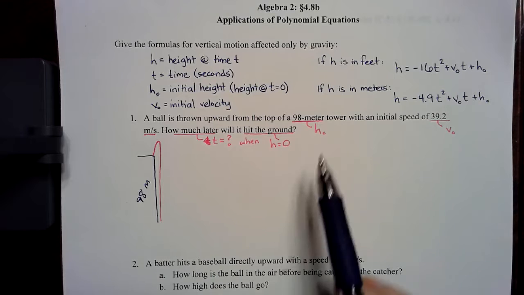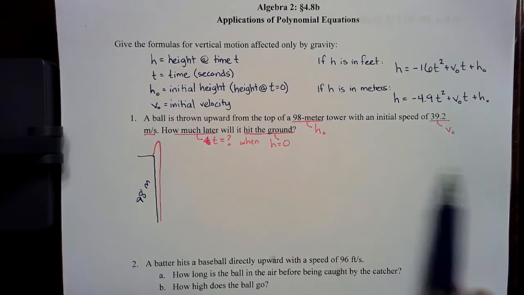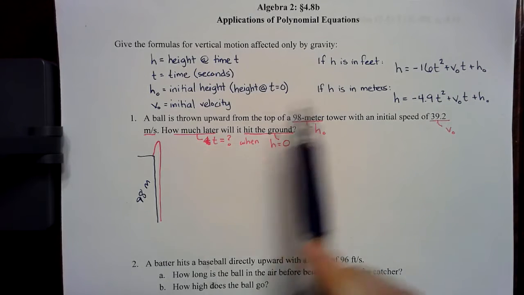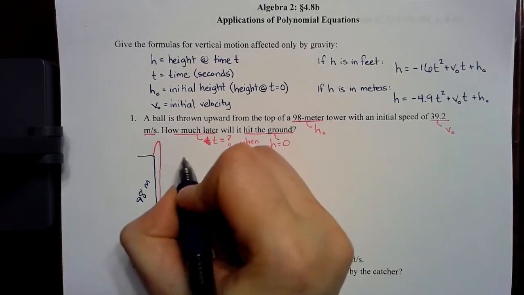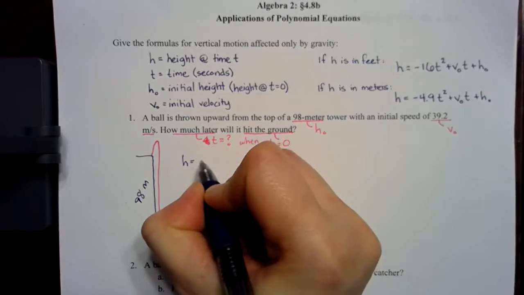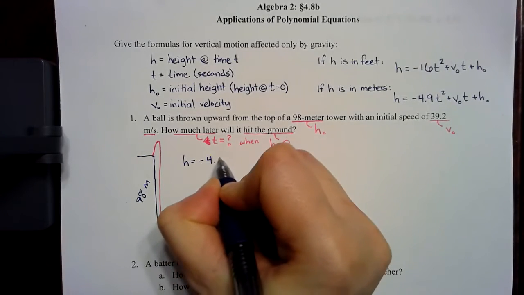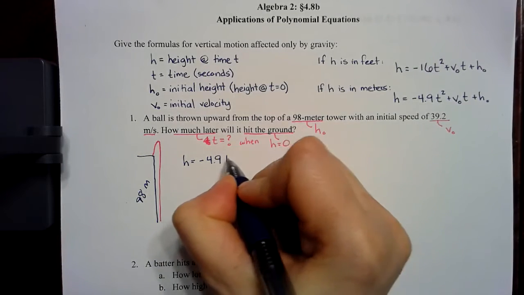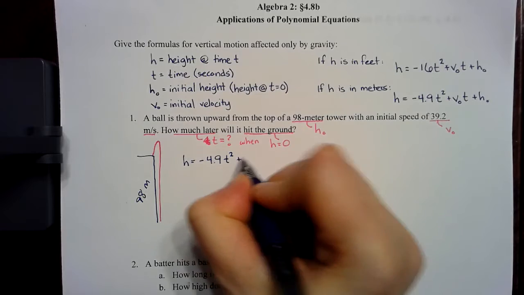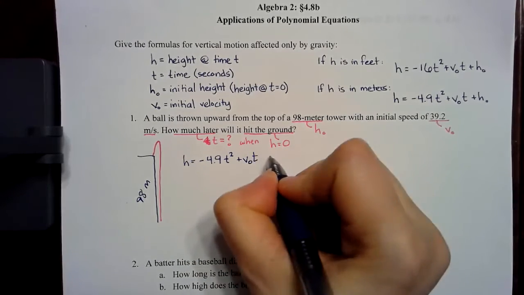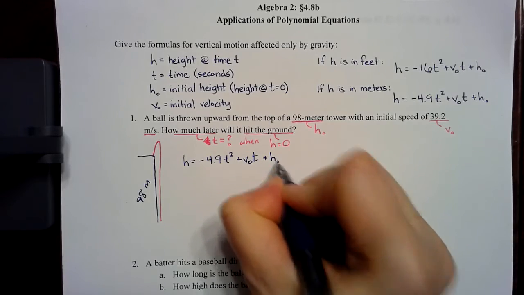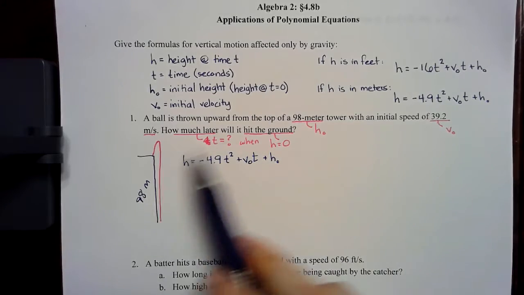So if we put this all into the formula, we want the formula for meters. So I'm going to grab this formula. h equals negative 4.9 t squared plus v0 times t plus h0, and I can plug in everything I know.